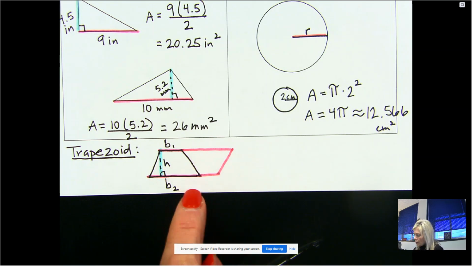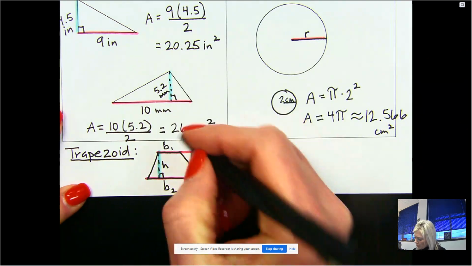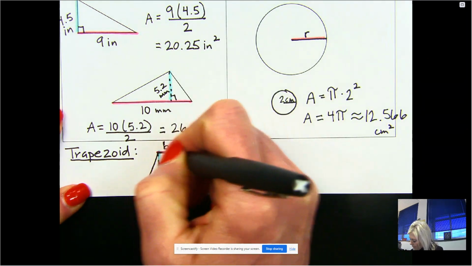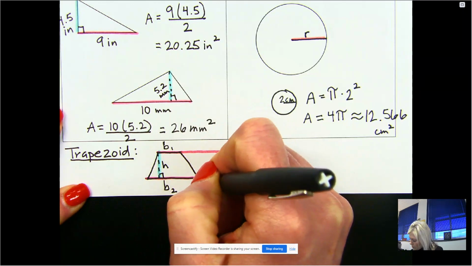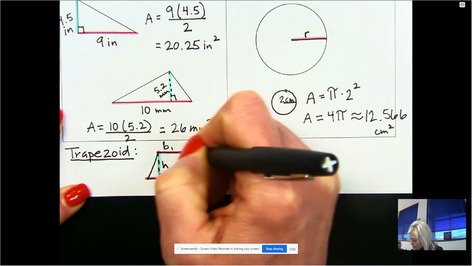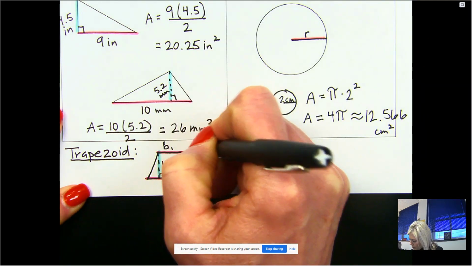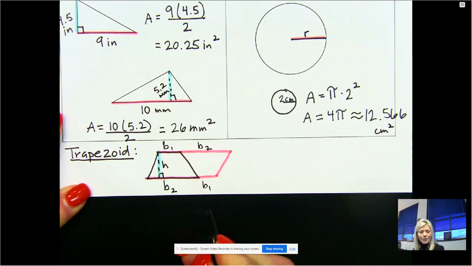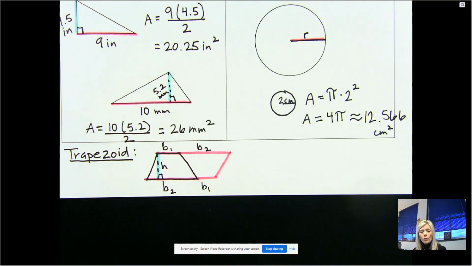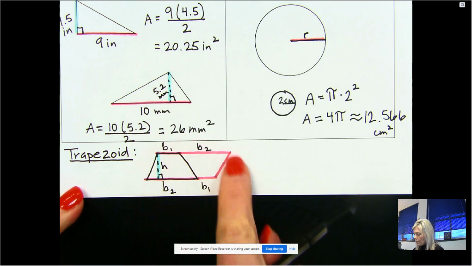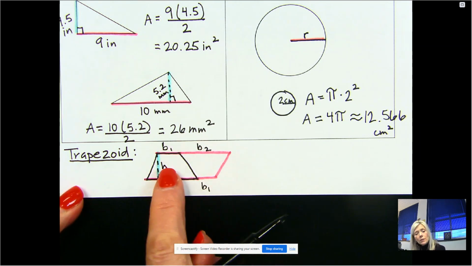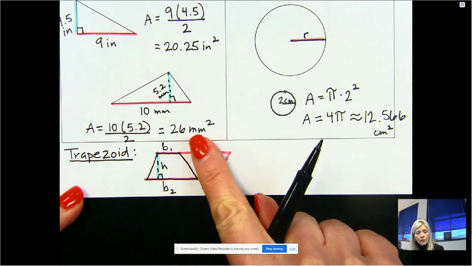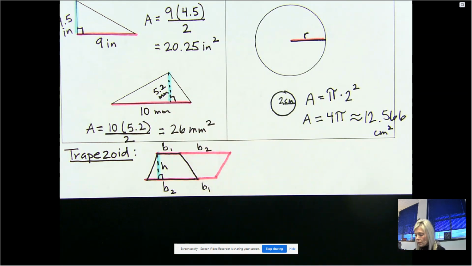So see how now the entire length of the base is base 2 plus base 1, or base 1 plus base 2, because I added those lengths on. So if we find the area of this bigger parallelogram, then we just divide it by 2 to get just the trapezoid, the part that we want.